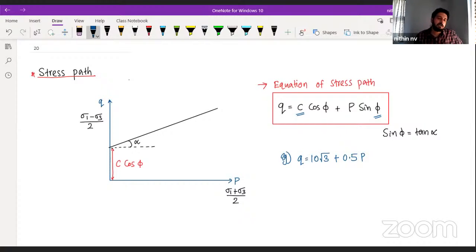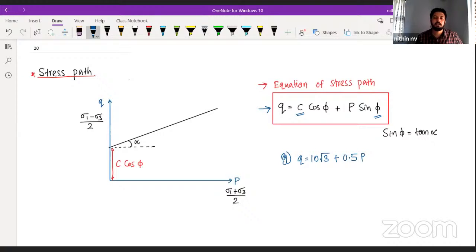They can ask, the shear strength parameters C and phi are respectively dash and dash. So this is the way we write the equation of a stress path. Here Q stands for sigma 1 minus sigma 3 by 2, and P stands for sigma 1 plus sigma 3 by 2.